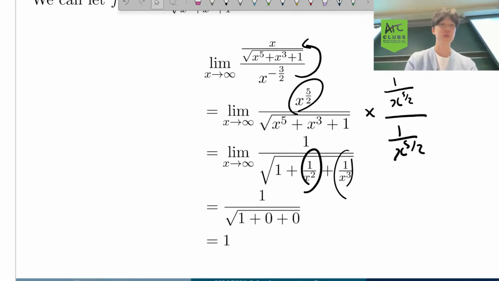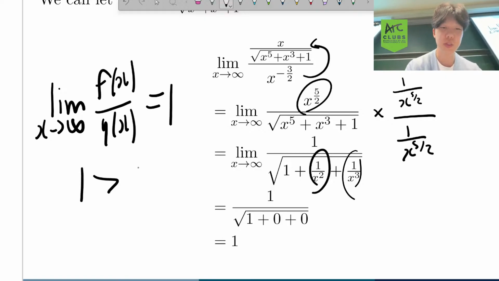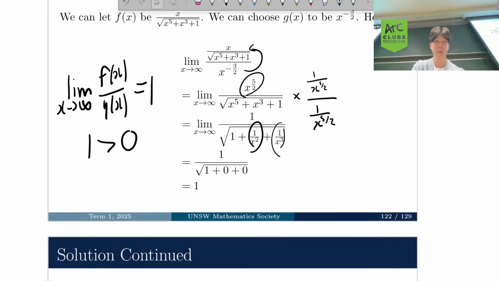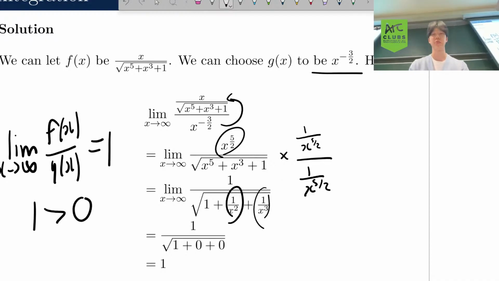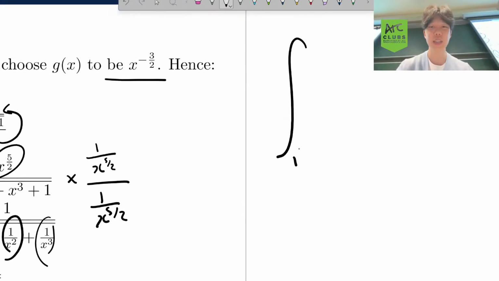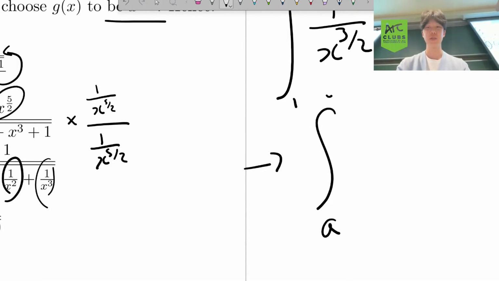So now, since we found that the limit as x approaches infinity of f over g is 1, and 1 is greater than 0, I know that f of x and g of x both converge or both diverge. So how do we know which? Well, we chose g of x to be x to the negative 3 on 2. If I take the same integral from 1 to infinity of x to the negative 3 on 2, it is actually in the form of what we know as the p integral, which looks like this.